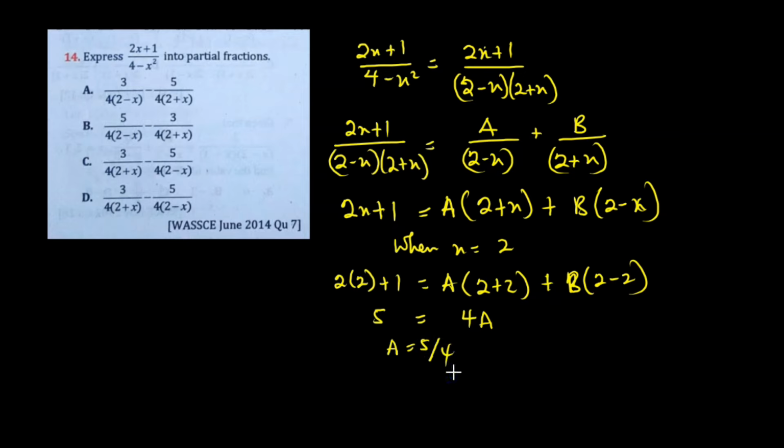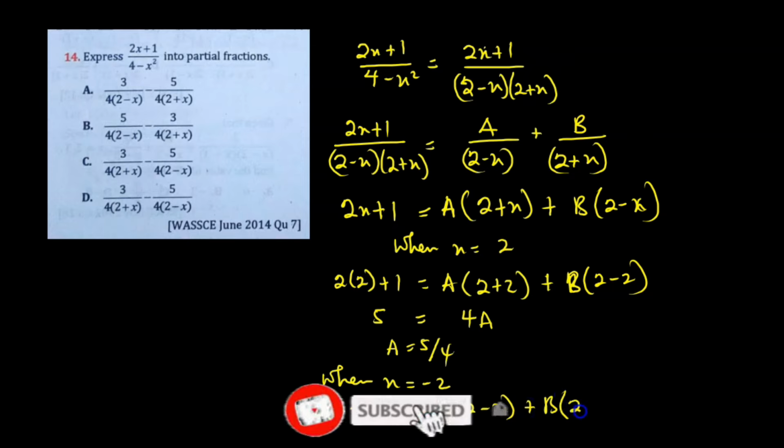Then again, solving for B, we can say that when x is equal to negative 2, we have 2 times negative 2 plus 1, which is equal to A into brackets (2 minus 2), then plus B into brackets (2 minus 2).